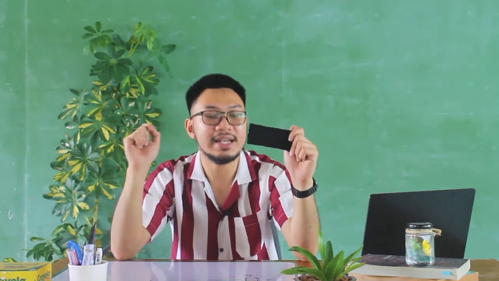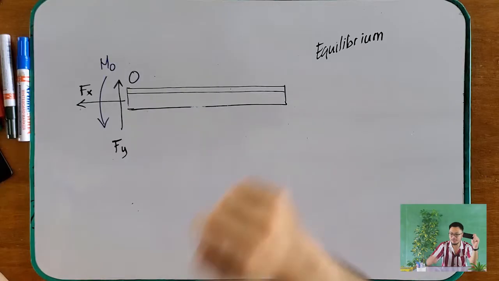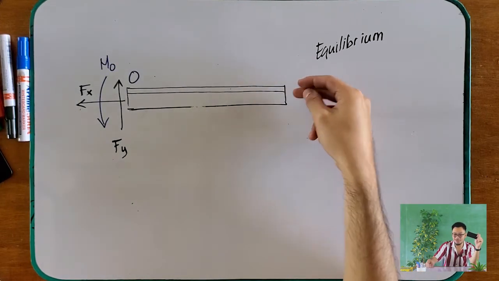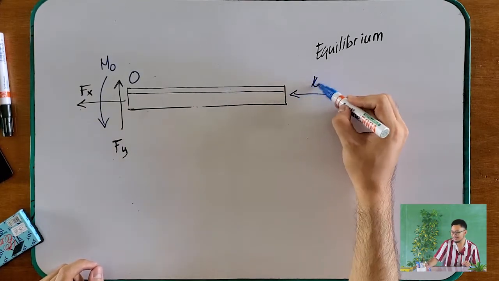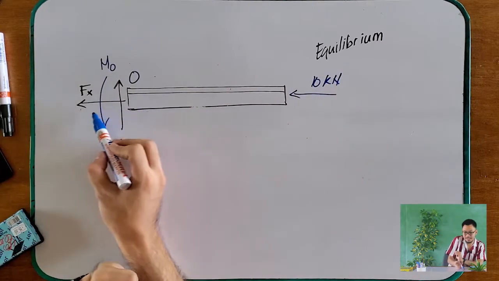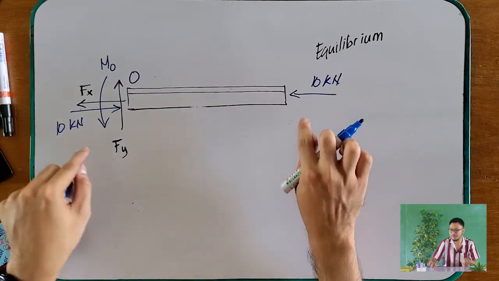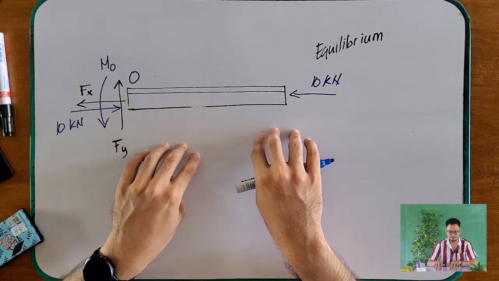And na-restrict ang movement sa atong beam, it is because of your supports. So therefore, in order for you to stop a force of 10 kilonewtons going here, siguro natay 10 kilonewtons diri nga force, then your support should also be exerting a 10 kilonewton nga force para mo equilibrium na ang atong beam and then di na siya mo lihok.